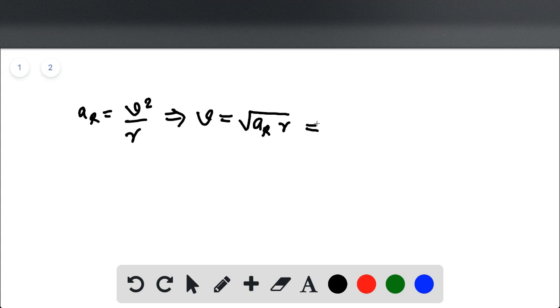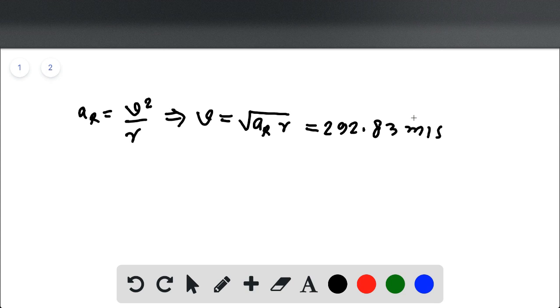If we plug in those values, we get the linear velocity to be 292.83 meters per second. All right.